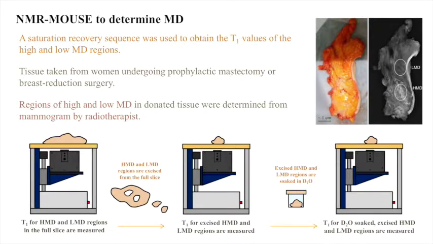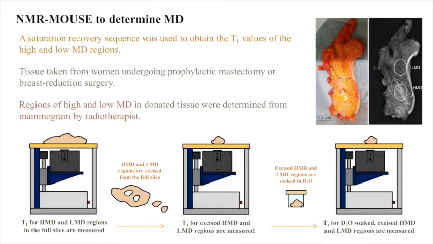The magnetic resonance signal of fibroglandular tissue arises primarily from water, while the adipose tissue signal arises primarily from fat. As the first step, we measured the apparent T1 value for high mammographic density and low mammographic density regions in each slice.